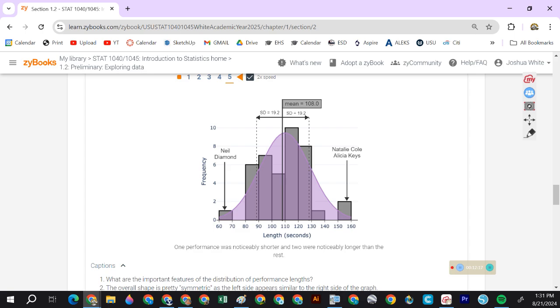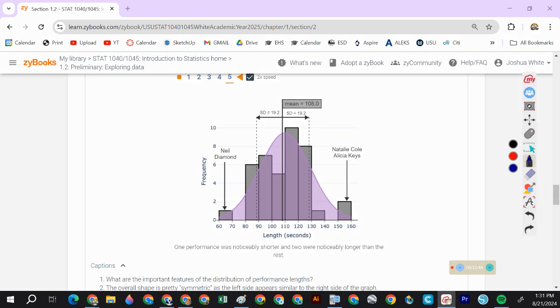Are you way above average? How do we measure that? How far is too far? Do you remember our broken penny thing that we did? How far is too far? Well, one way to measure is to compare it to the standard deviation. Most of the people are within one standard deviation in either direction. And in this case, the standard deviation is 19.